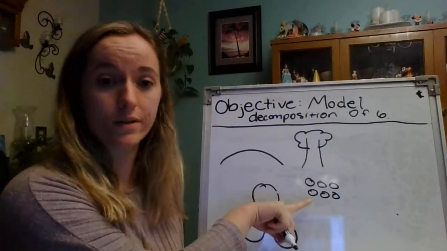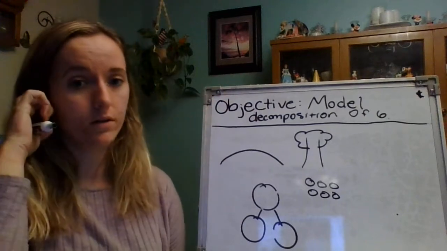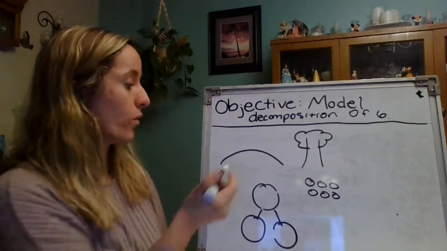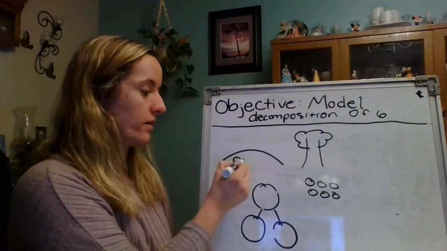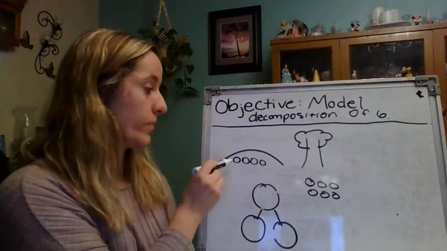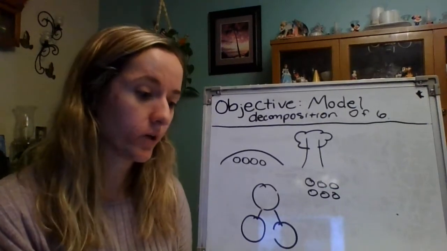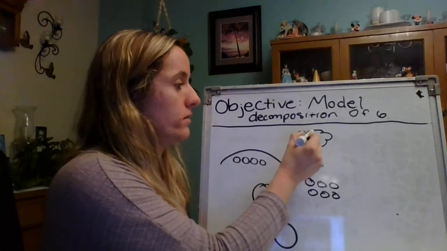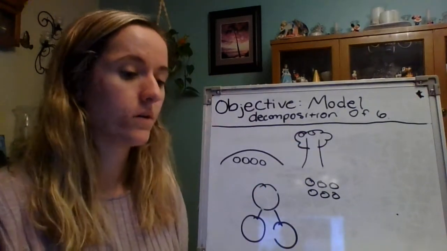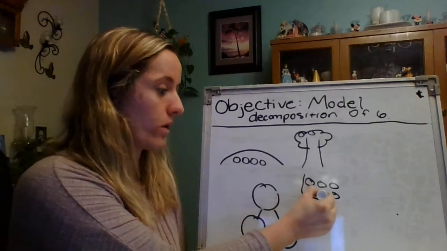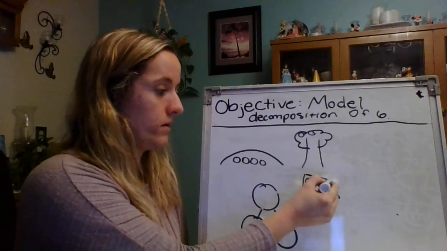So we have the squirrel's 6 nuts right there for fall. We're going to put 4 nuts that he buried underground. So these are all buried underground, but then he put 2 of those nuts in the tree. So 1, 2. So we have our 6 broken up into 4 and 2.